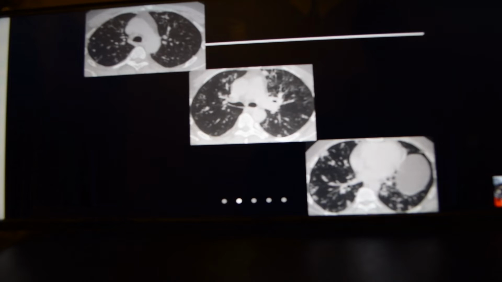So they are all representing different things. Here you can see this is metastatic adenocarcinoma, which again shows that these are random, homogeneous, and perivascular nodules.